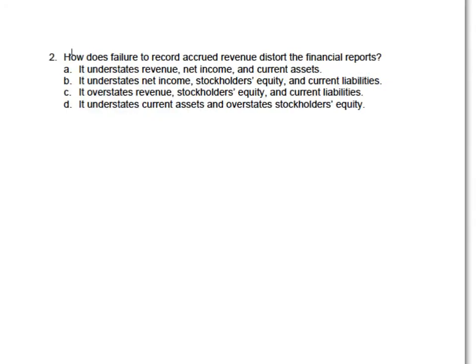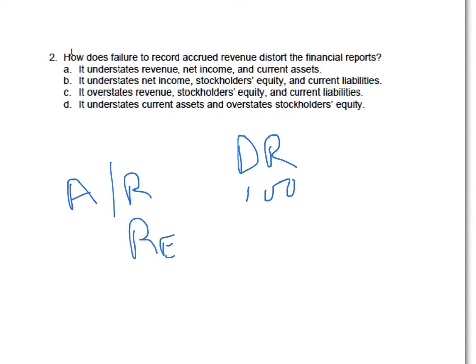Number 2 says, how does failure to record accrued revenue distort the financial reports? Well, if we don't accrue revenue, what we would do is debit accounts receivable to accrue some revenue, let's say $100, and credit revenue. This would be an accrual of revenue.